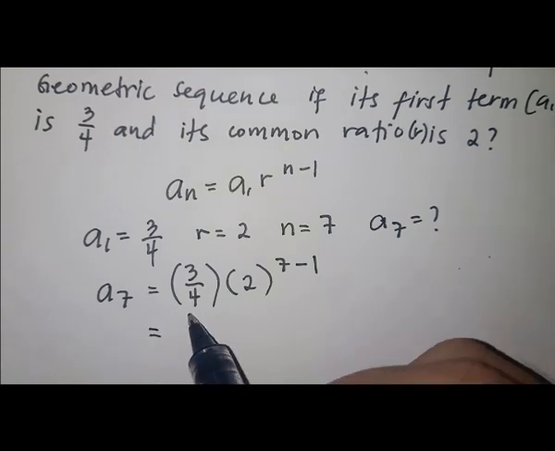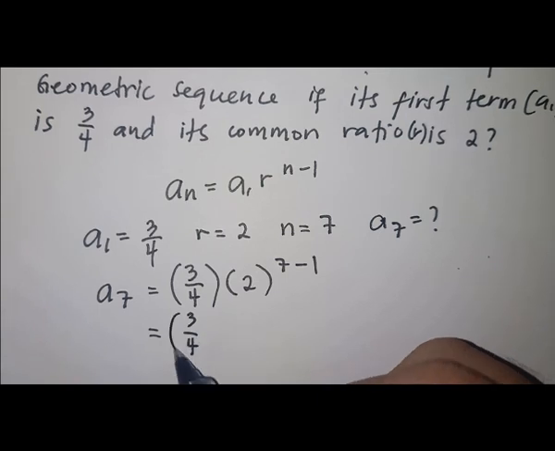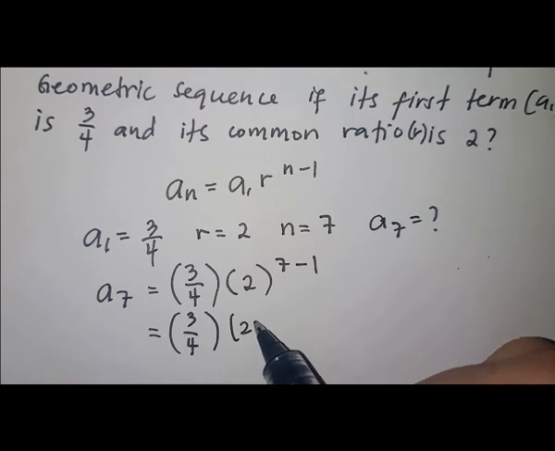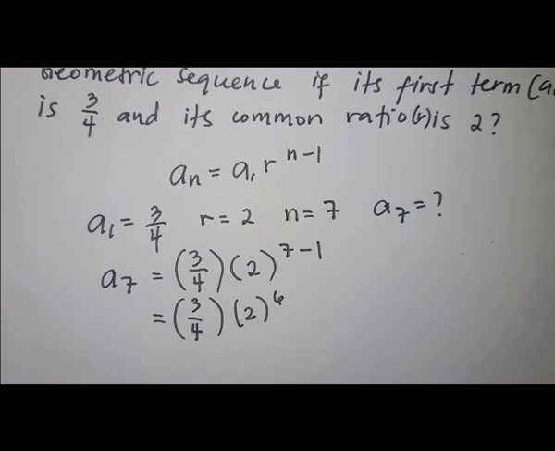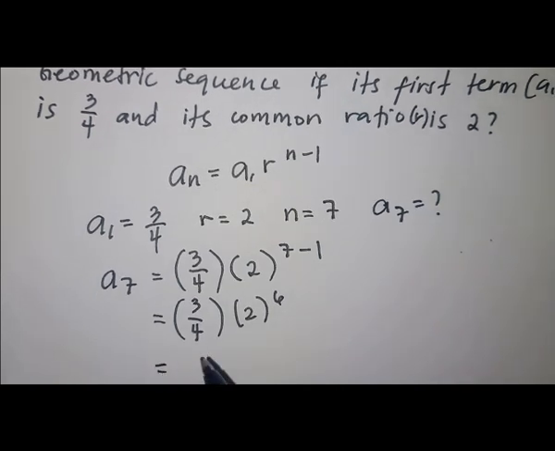So, magkakaroon tayo ngayon ng 3/4 times 2 raised to 6. So, ganoon lang ulit yun. So, 6 na 2, i-multiply natin siya sa isa't isa. Okay? So, or 6 na beses natin i-multiply yung 2 sa sarili niya. So, magkakaroon tayo ngayon dito ng 3/4 times ang 2 raised to 6 natin is, okay, so we have 64.